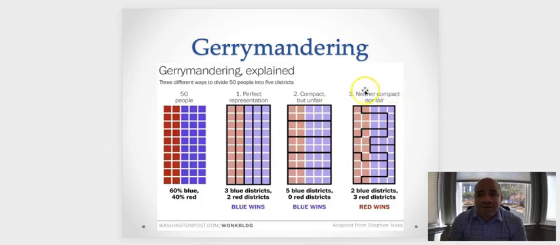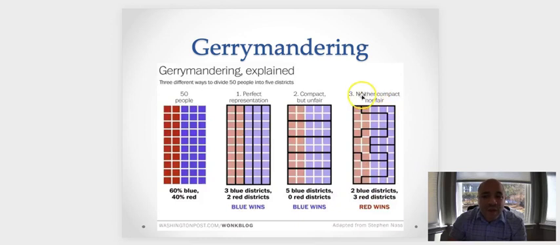Or you can construct it this way, where even though red makes up a minority, they wind up with a majority of the representation. This is what's called minority rule. Even though there are fewer of them, they win if you creatively shape the districts as is done in this graphic here.